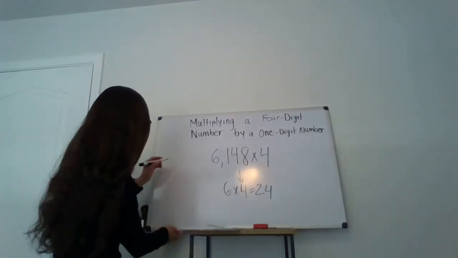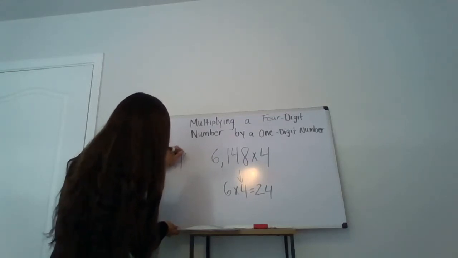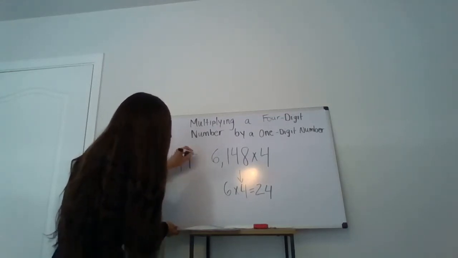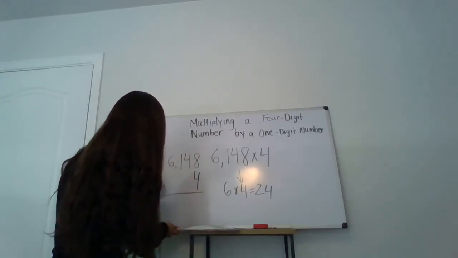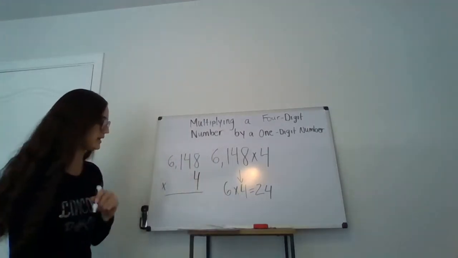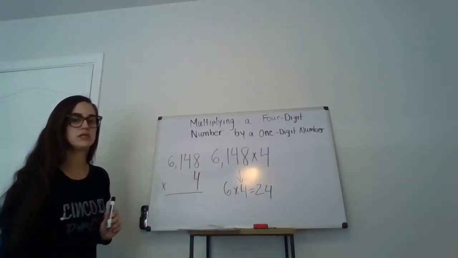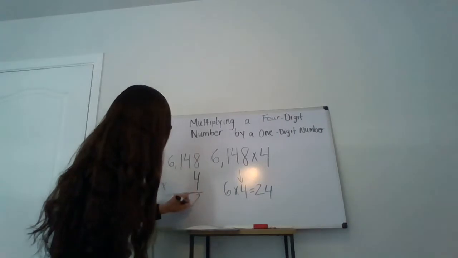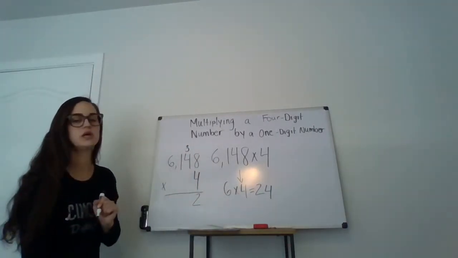Yay. So I'm going to move my problem along here, and I'm going to line up my numbers according to place value so I can multiply correctly. All right. Start from the ones place. 8 times 4 is 32. You got it. Drop the 2. Carry the 3. 4 times 4 is 16.